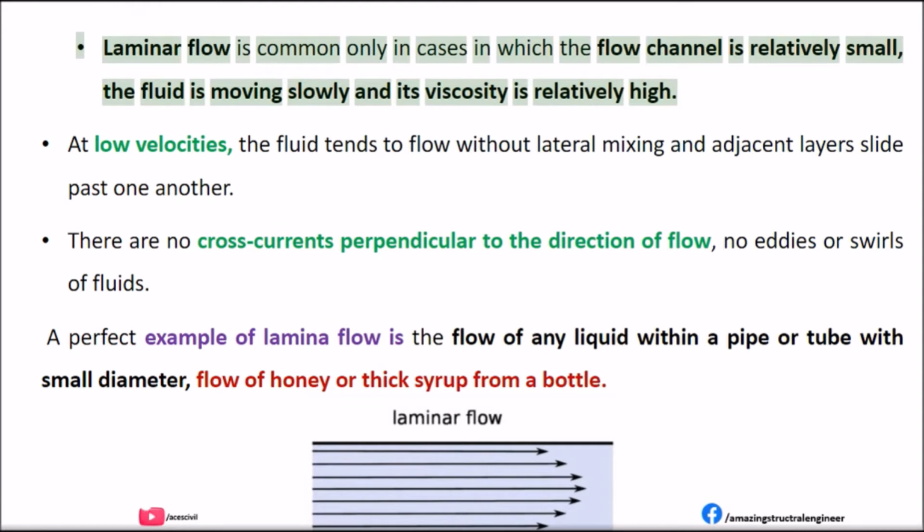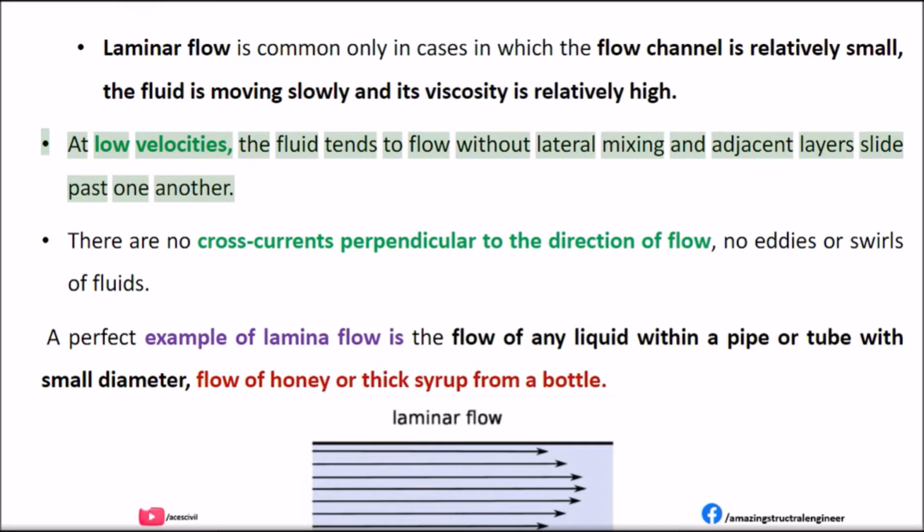Laminar flow is common only in cases in which the flow channel is relatively small, the fluid is moving slowly and its viscosity is relatively high. At low velocities, the fluid tends to flow without lateral mixing and adjacent layers slide past one another.